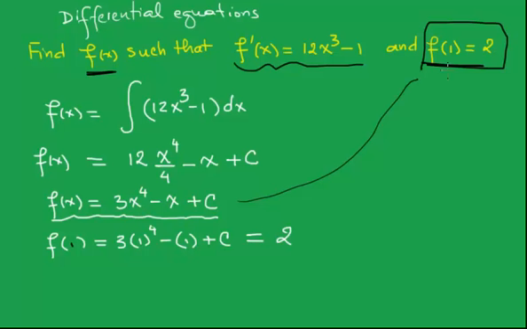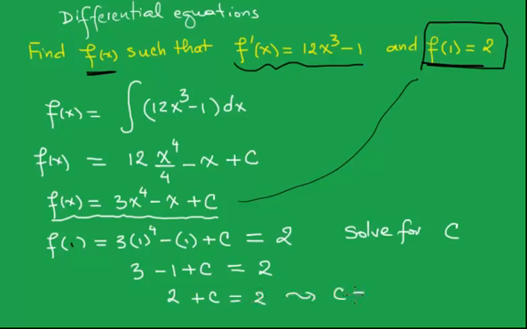So this additional expression is just to help us solve for the constant c. That gives us 3 minus 1 plus c equals 2, or 2 plus c equals 2. That means c equals 0.